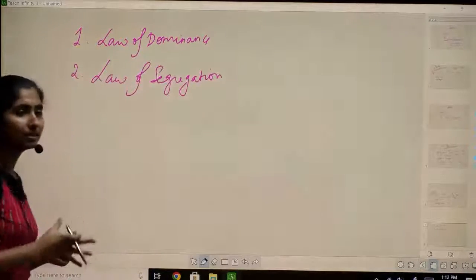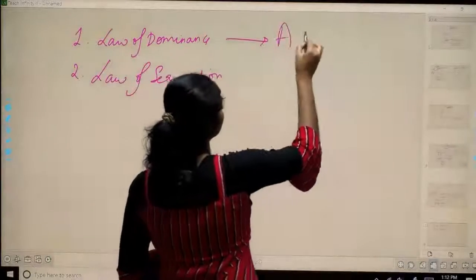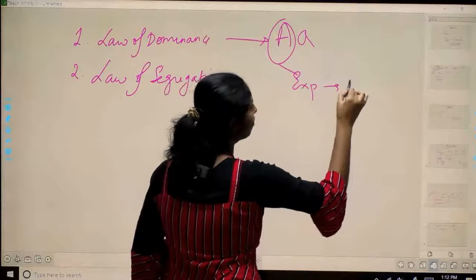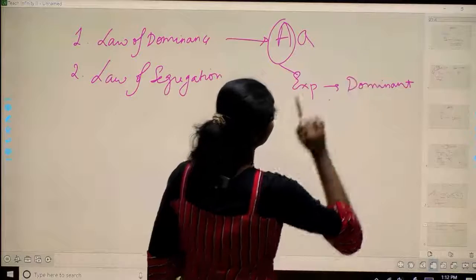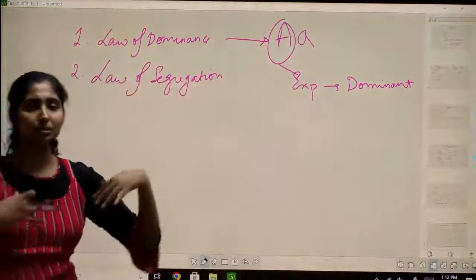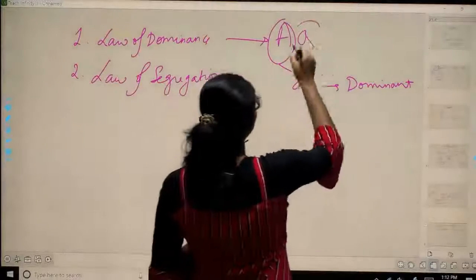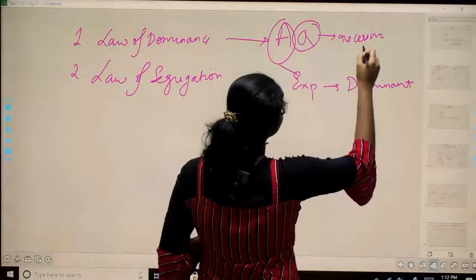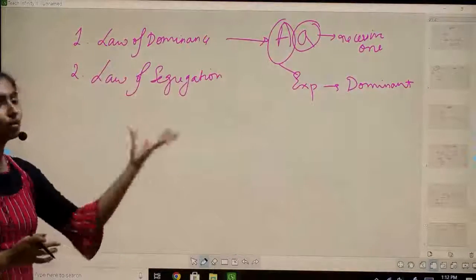Law of dominance stated that in a heterozygous condition, the allele that expresses itself is dominant, while the other allele that is not able to express itself in heterozygous condition is the recessive one. Okay, so this was the law of dominance.